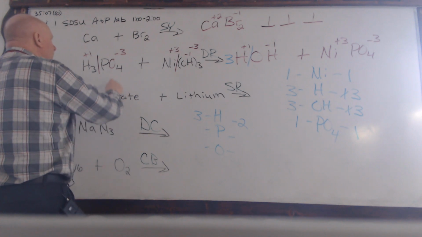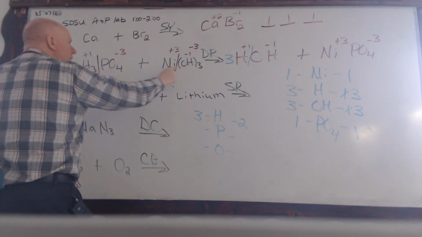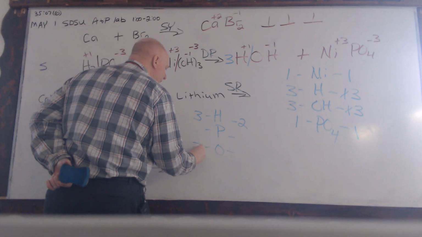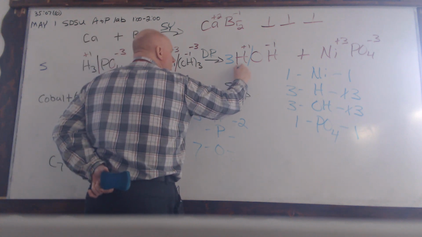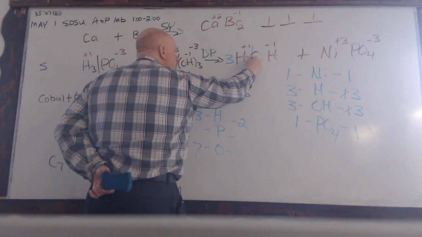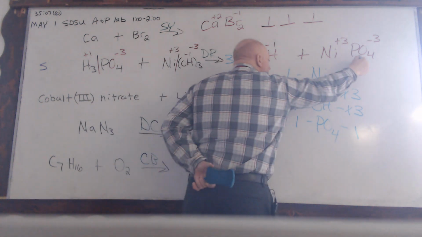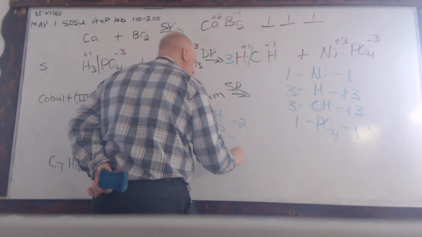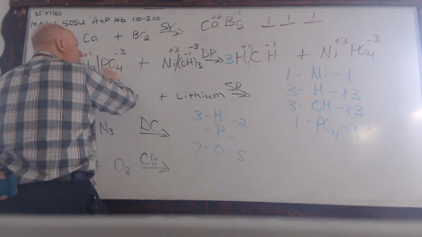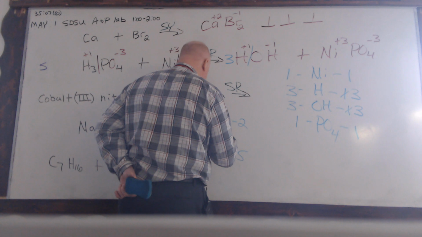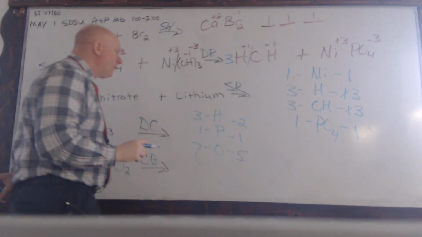For oxygens, we've got 4 and 3, gives you 7. And over on this side, we only have the 1 oxygen here and 4 there, giving you 5. And for our phosphorus, we have 1 there and 1 over here.